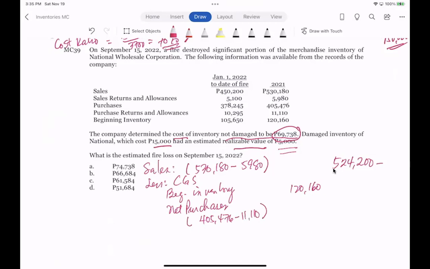Compute with me, that is 394,366. So total goods available for sale is 514,526.